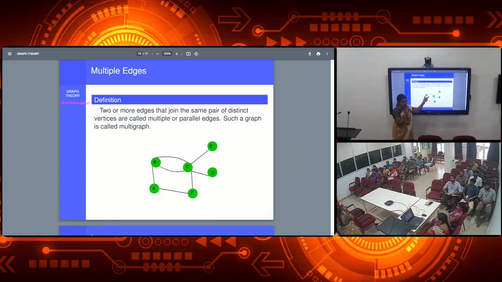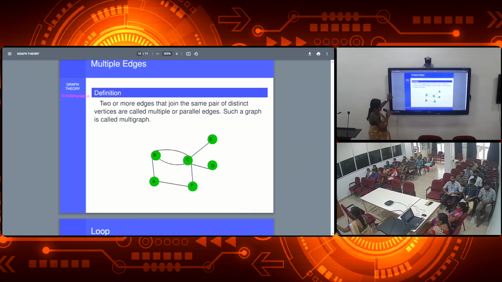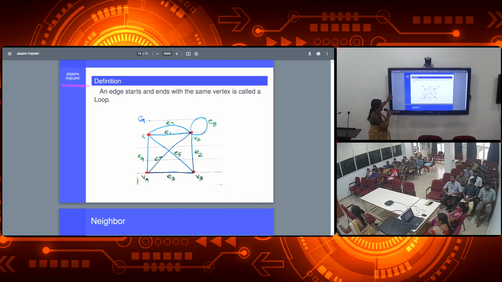So here we have multiple edges. In this graph, which are the multiple edges? E1 and E7, because E1 and E7 share the common vertices V1 and V2. So that is a multiple edge.